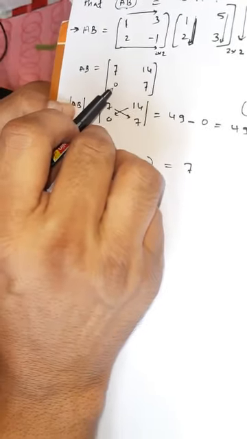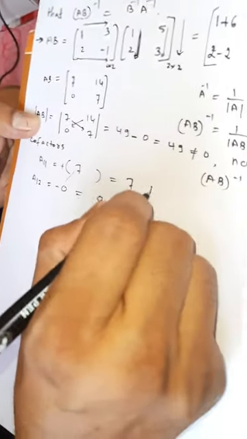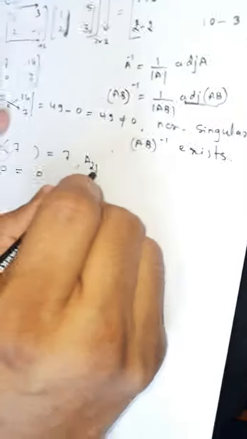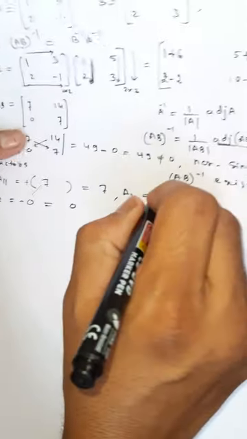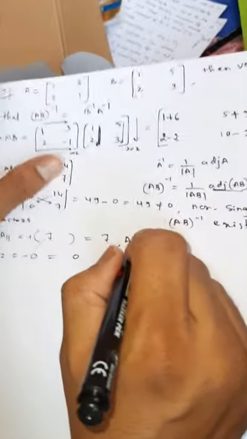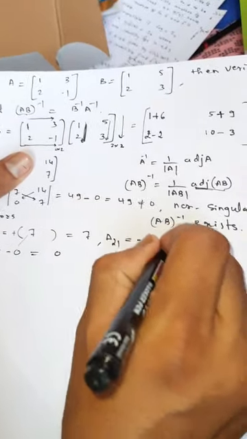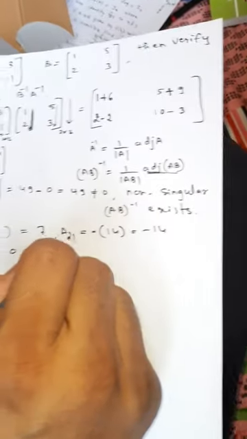Now this is the element in second row, first column, that is A21. Again 2 plus 1, 3, an odd number, so multiply by minus 1 into the element left after deleting second row, first column, so we get 14, minus 14.